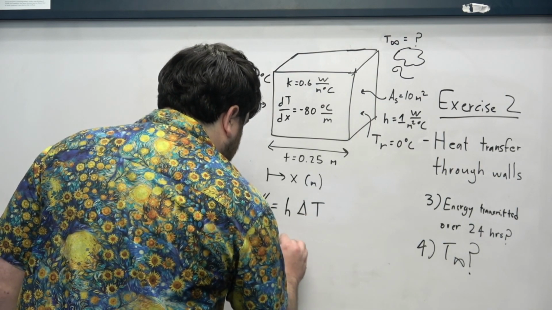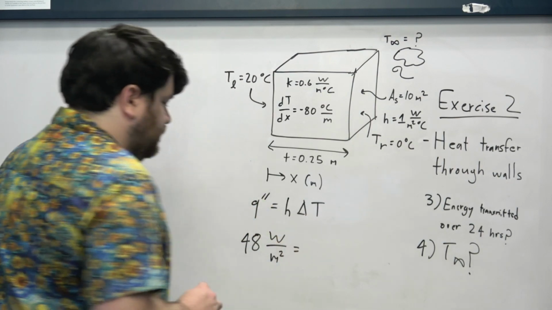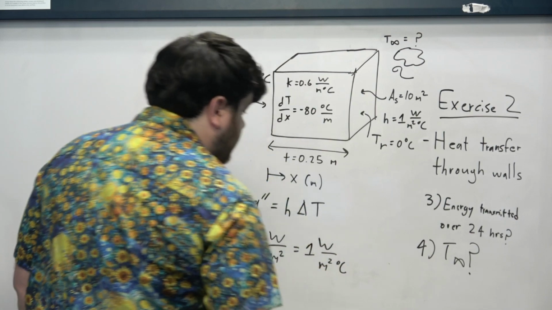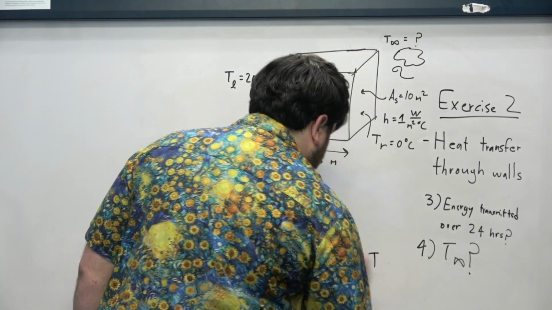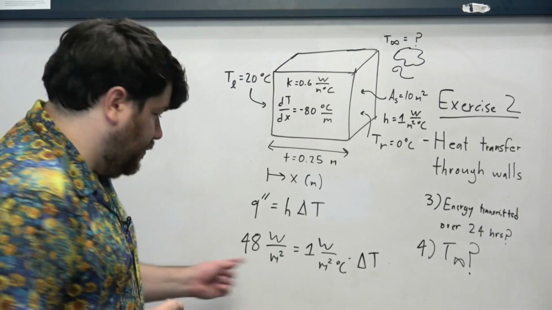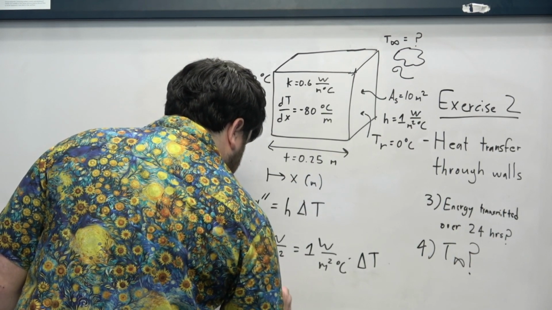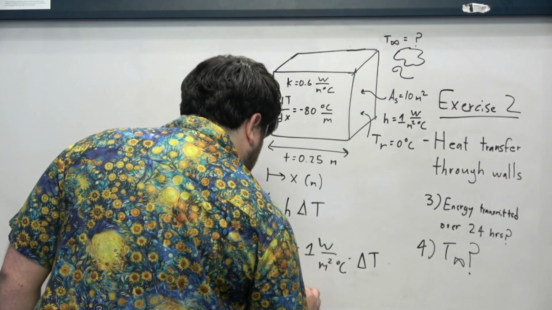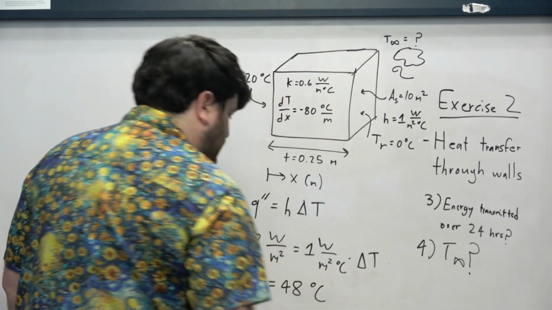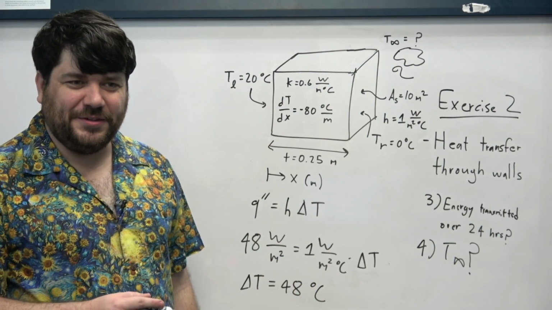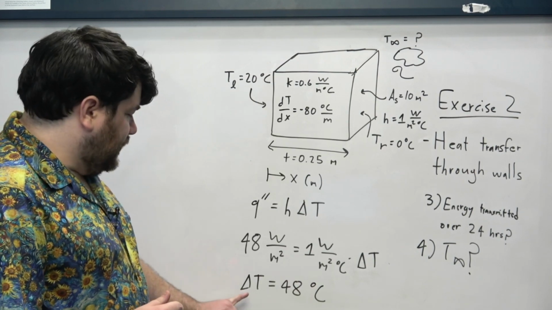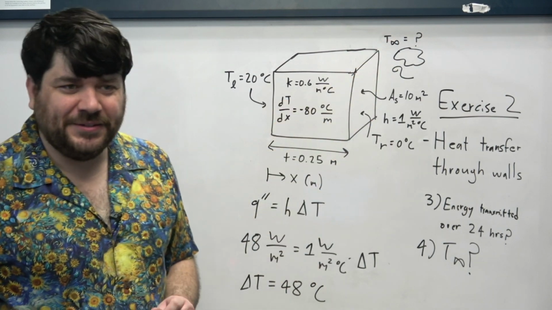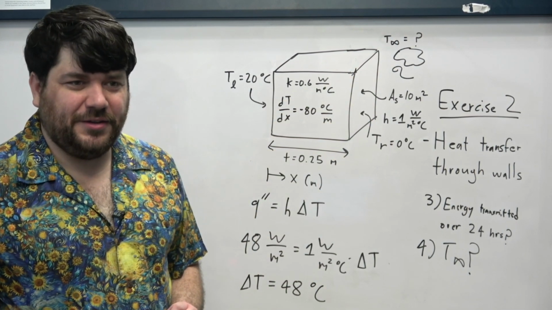We know that this q double prime is just 48 watts per meter squared, which is going to be equal to 1 watt per meter squared degree Celsius times delta T. And so we can solve for the delta T and determine that delta T to just be 48 degrees Celsius. So this is quite a shocking result, which is that the difference in temperatures between the wall and the environment is 48 degrees Celsius.